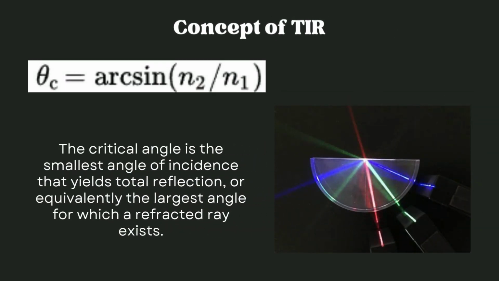The critical angle is the smallest angle of incidence that yields total reflection, or equivalently, the largest angle for which a refracted ray exists.